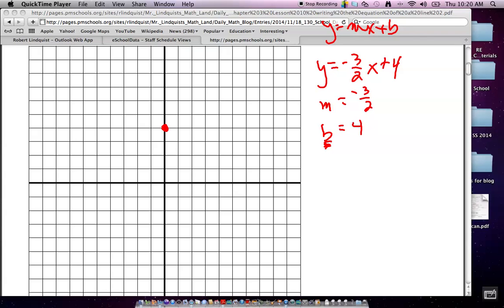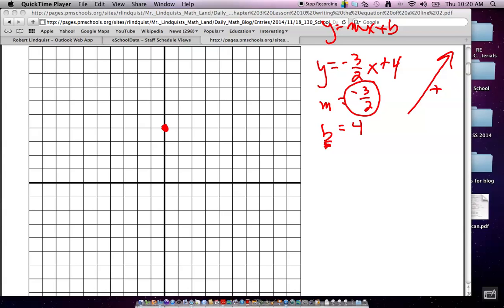Now, let's talk about this slope for a minute. What kind of slope is this, or what is the value of that slope? -3 halves. If your line goes like this, what kind of slope does your line have? Positive. Would you please look at your paper if you did not get 100? Look at your slope. Is your slope going up, or is it going down?